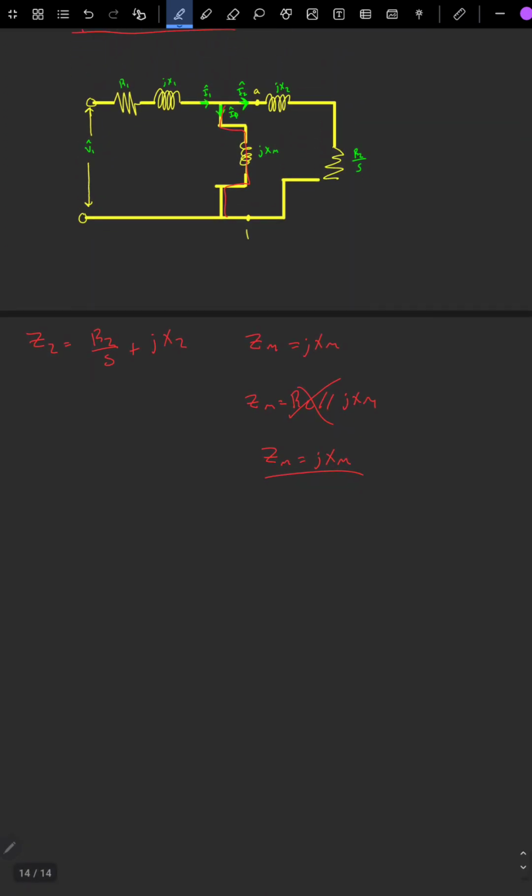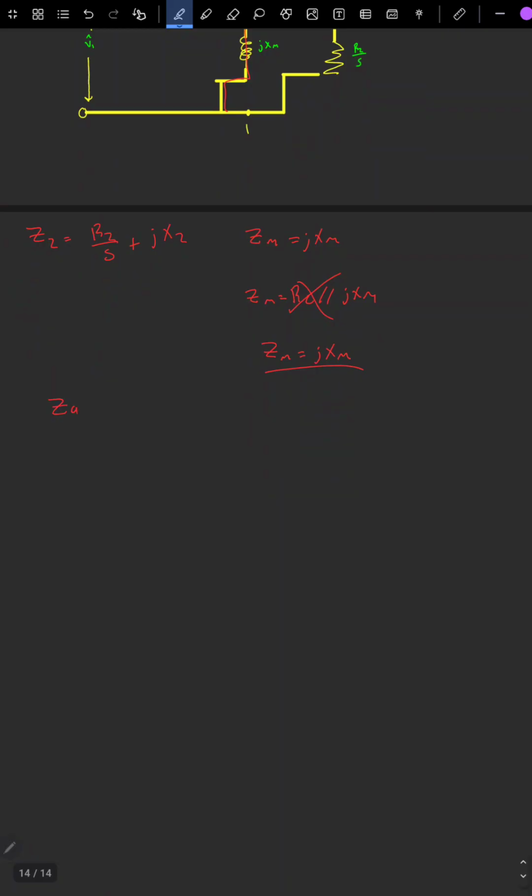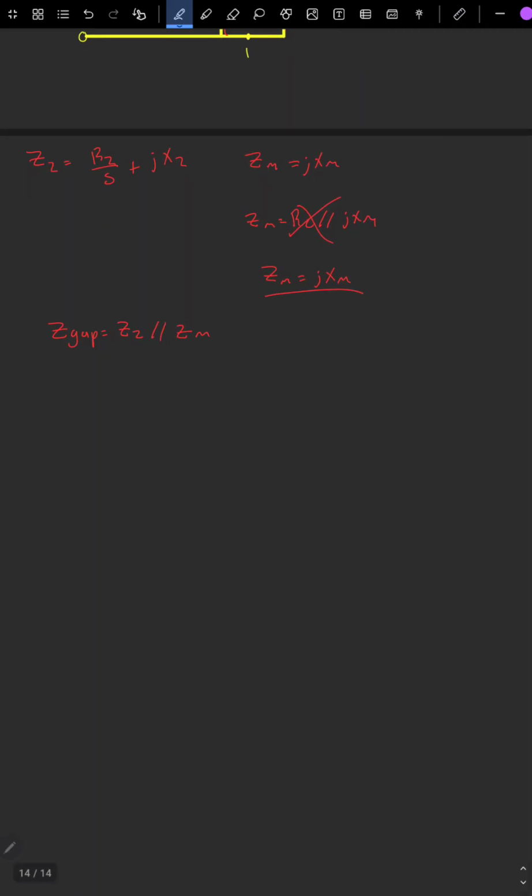And then we know our Z gap is going to equal our Z2 in parallel with our ZM. After you plug everything in, it's very simple. So I'm not going to show the equation I did last time. Your Z gap should be 12.858 plus J5.532.